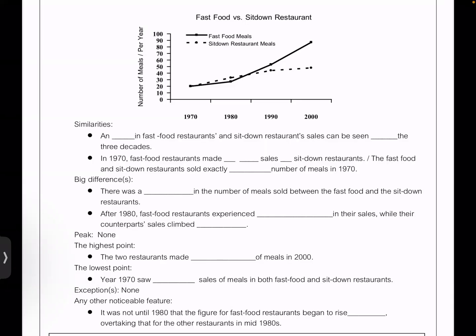And because of that, in 2000, because sales for fast food were increasing very quickly, whereas sales for sit downs were increasing very slowly. So in 2000, we see a big difference between sales for fast food and sales for sit down restaurant.